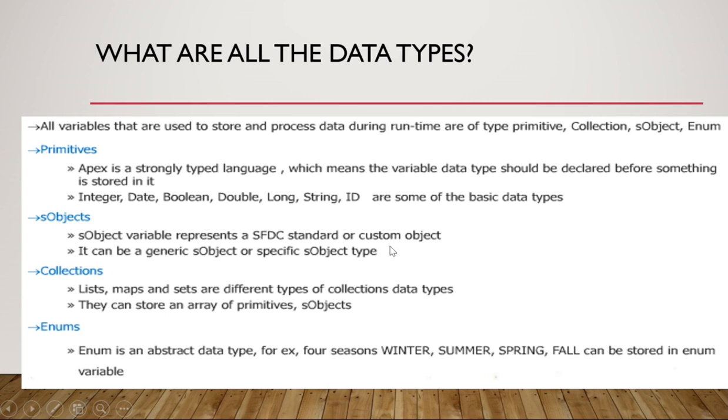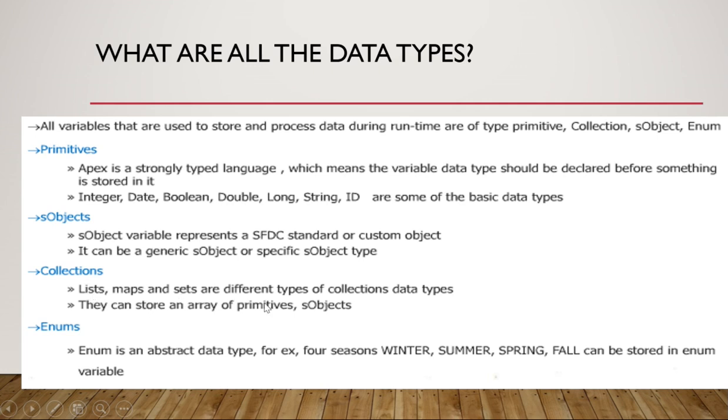Data is stored in Salesforce as an S object or table, and each of that object can be stored in a variable. You can create a variable of that S object type. You can also have a generic S object type and then cast it to a particular object. What I'm saying is you can create an S object data type, and then you can cast it to an account, or a contact S object, or a custom object of yours.